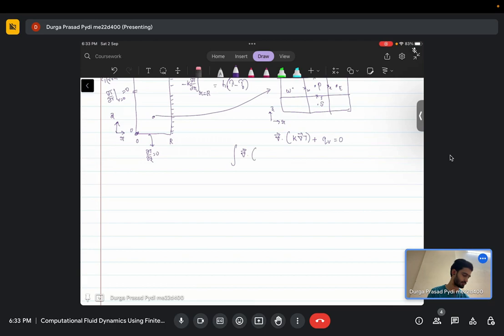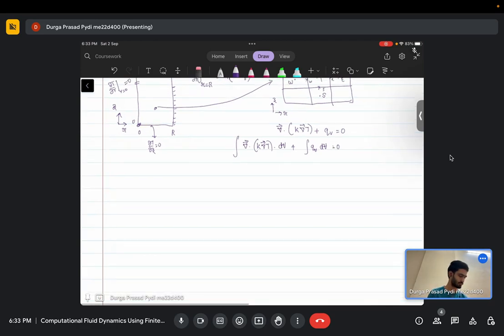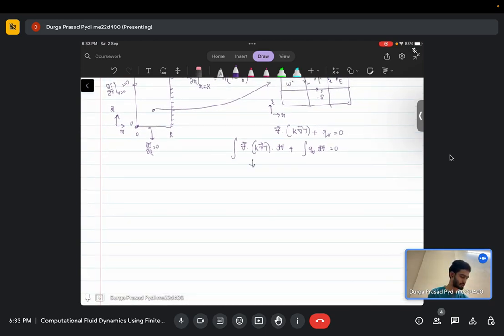So using Gauss divergence, this becomes the integral of k del T dot n cap dA plus, since we are using linear approximation, QV times delta V equals 0.